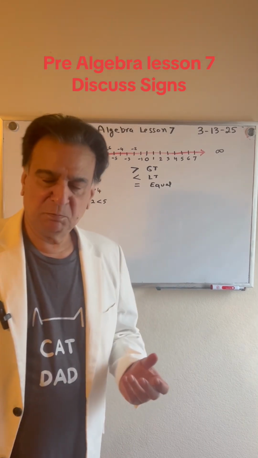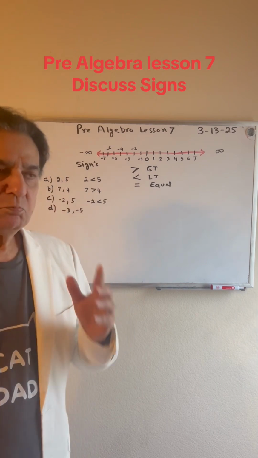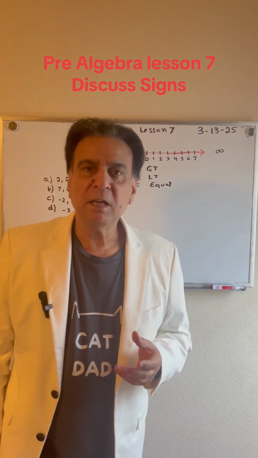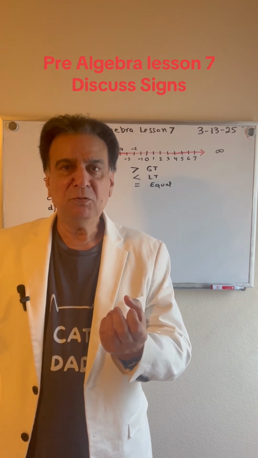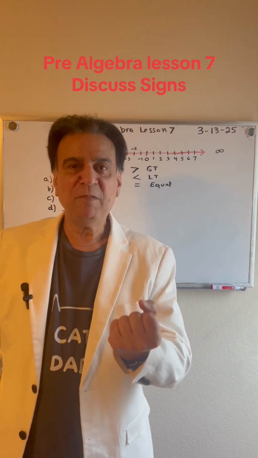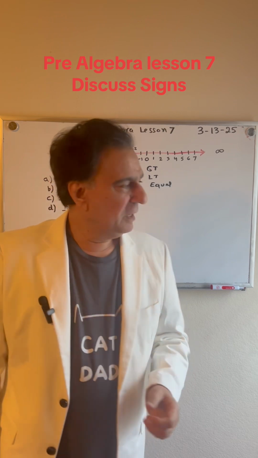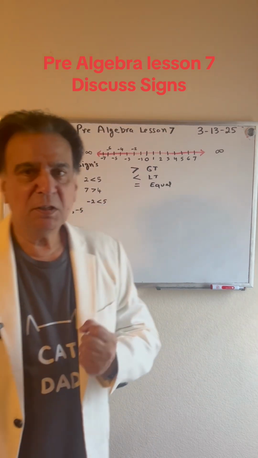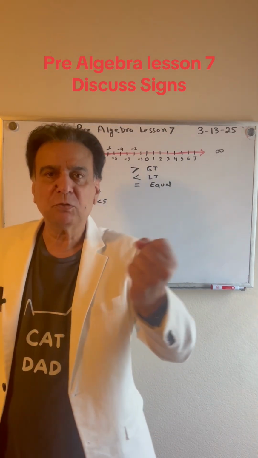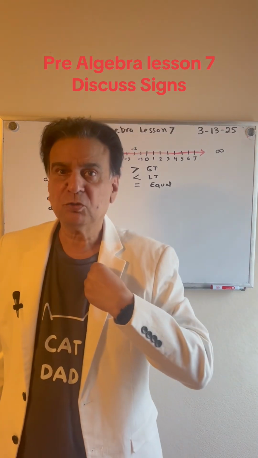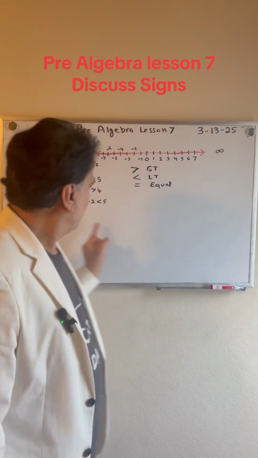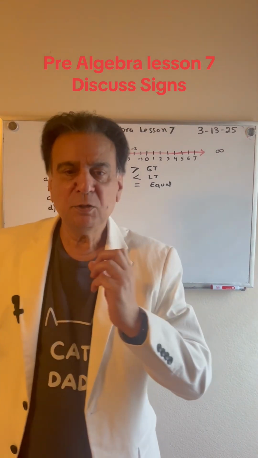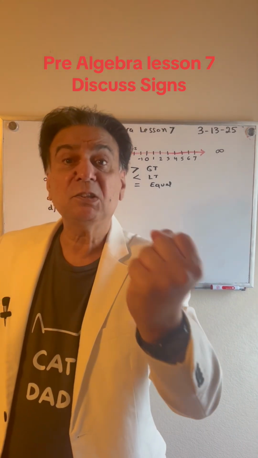I'll give you an example. Let's say you are holding 5 pencils in your hand. That means you have positive 5 pencils in your hand. -5 means that you owe those 5 pencils to somebody else. They're not yours. You owe it to somebody else. -3 means you owe somebody 3 pencils.